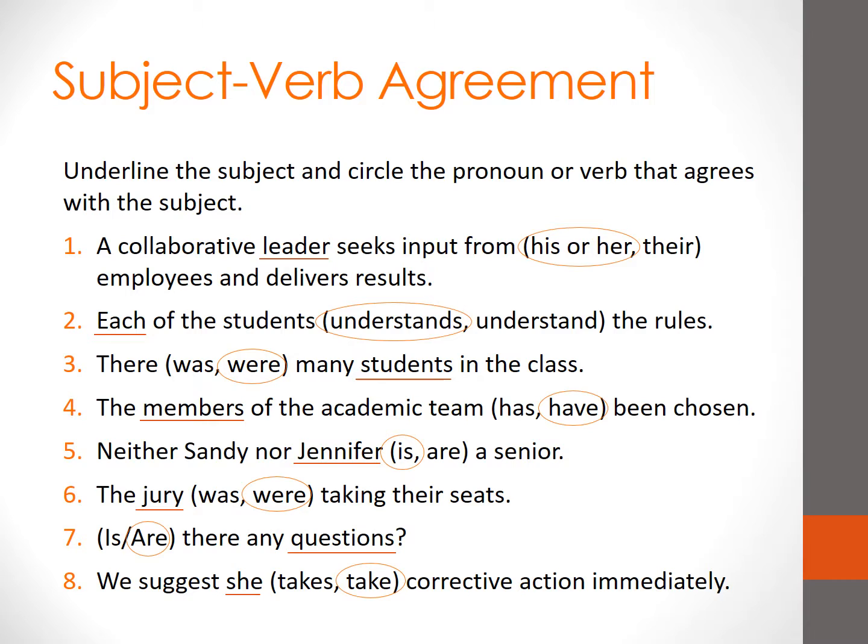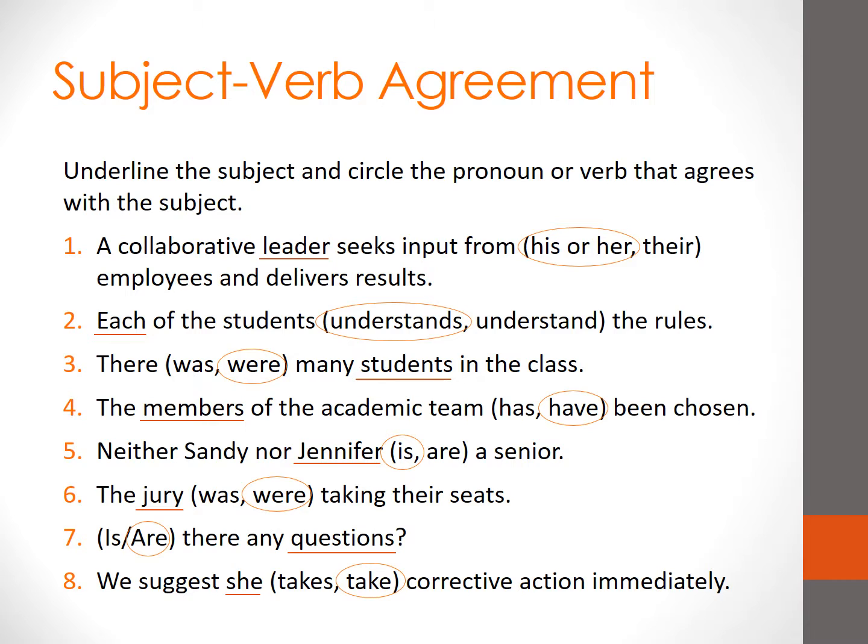Number 6, the jury was or were taking their seats. I mentioned that sometimes collective nouns are used in singular and sometimes they're used as plural. In this case, jury is plural, and I know that because it says taking their seats. So underline jury and circle were. Number 7, is or are there any questions?